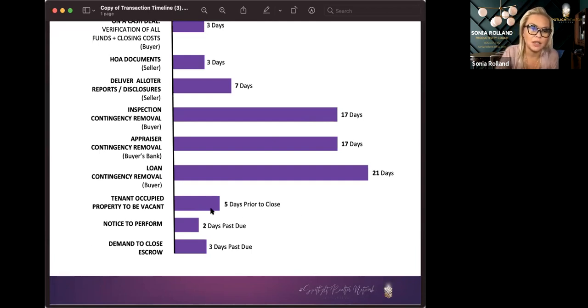And then the interesting thing about all of this, okay, so let's just say that you are on the selling side, you're representing the listing, the house, the owner, and you get an offer, and the offer says inspection contingency removal in 17 days. And at the end of day 17, you don't hear anything.